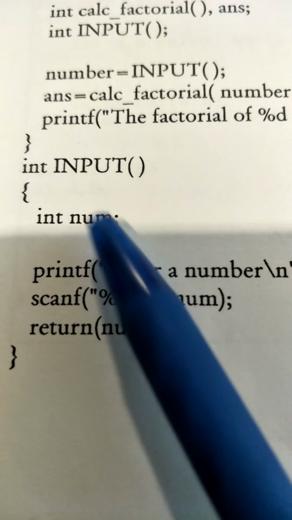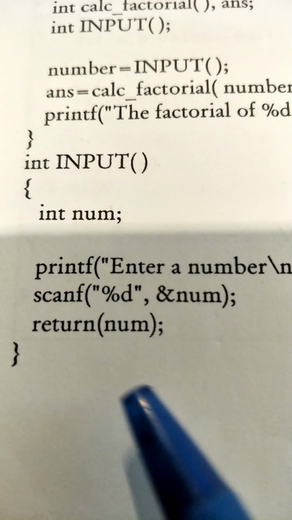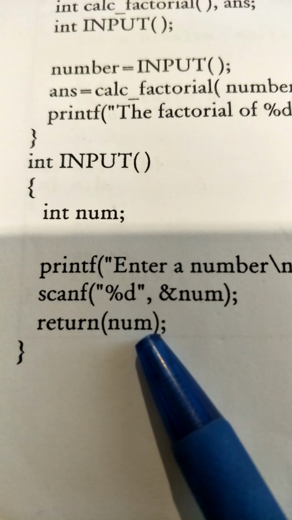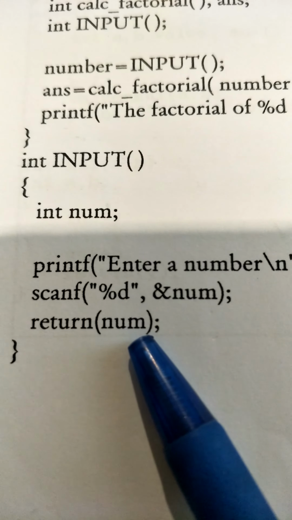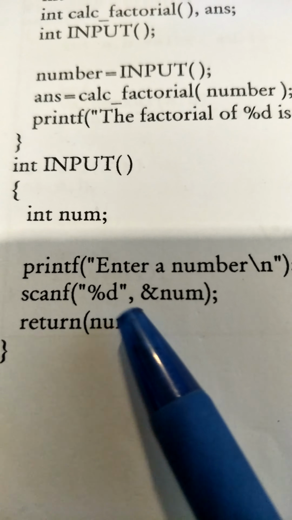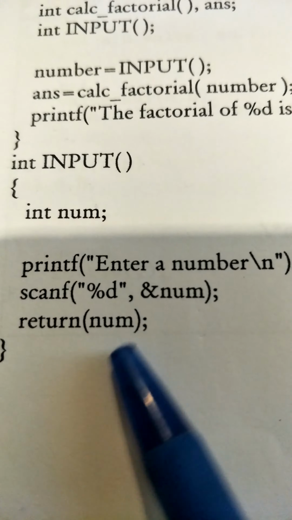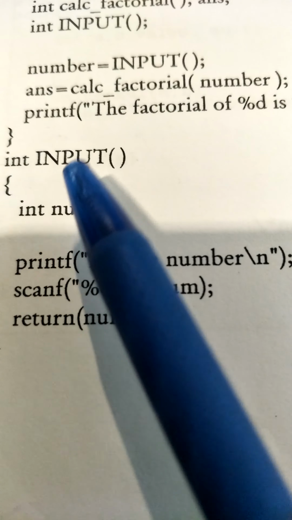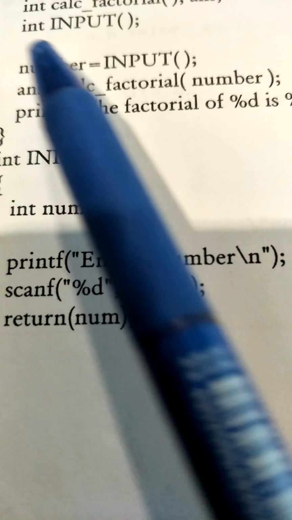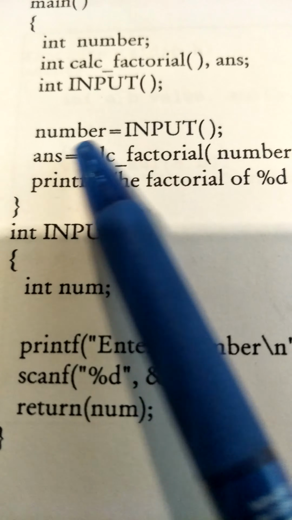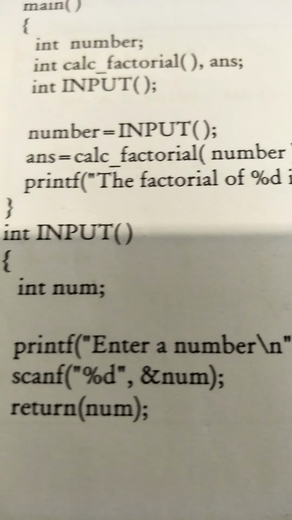So input now has whatever number we key in, 5, 6, whatever, and we assign that input into number. So number now has the value that you key in.